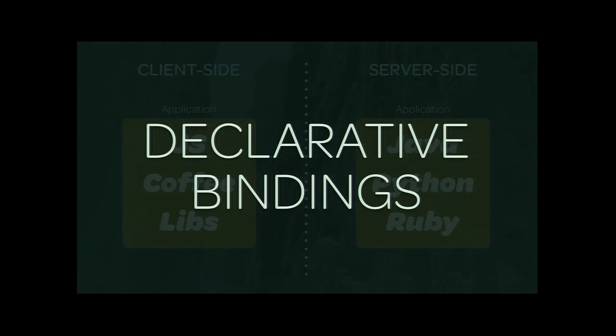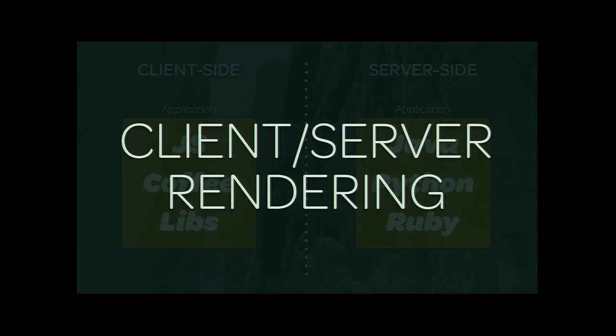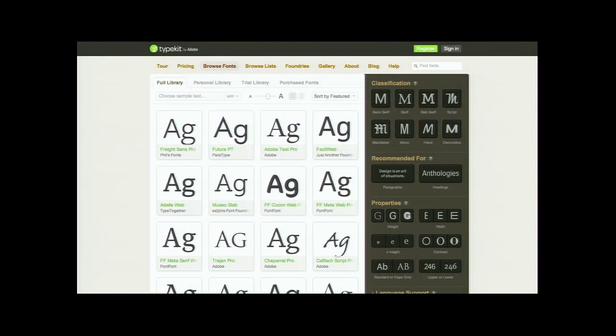Declarative bindings is the second thing, in order to create a really dynamic UI, and we'll talk about that. And finally, client-server rendering, or the idea of being able to render the same set of templates on both the server and the client. And we'll talk about that as well.